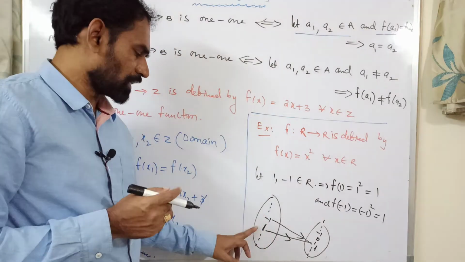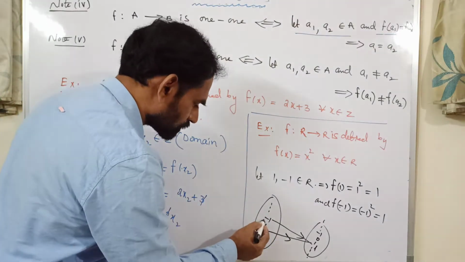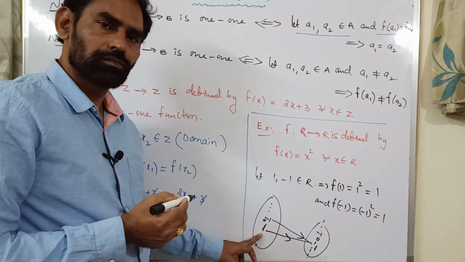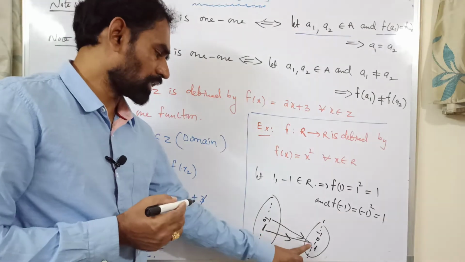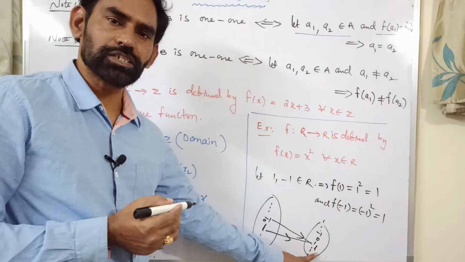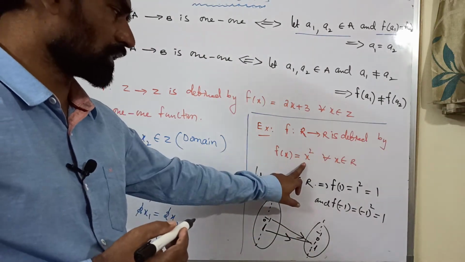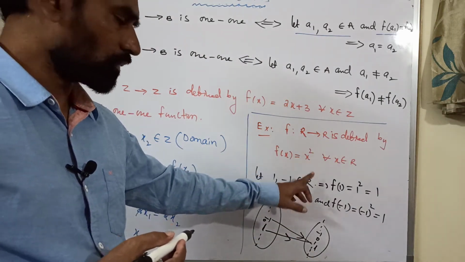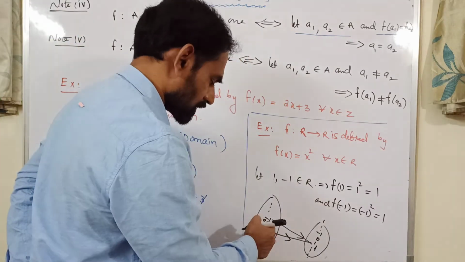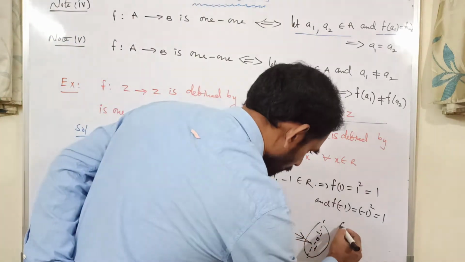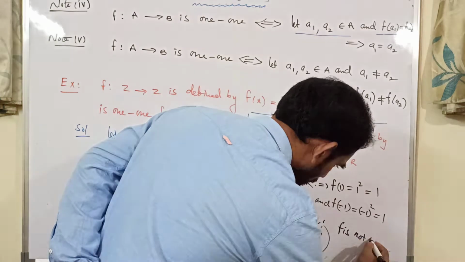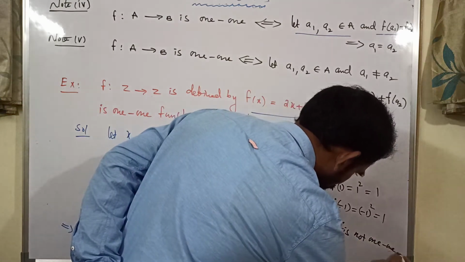Minus 1 and plus 1 are different elements, but both have the same image 1. That's why f is not a one-one function. It is an even function, even degree here. So both elements 1 and minus 1 are different, and f is not one-one.